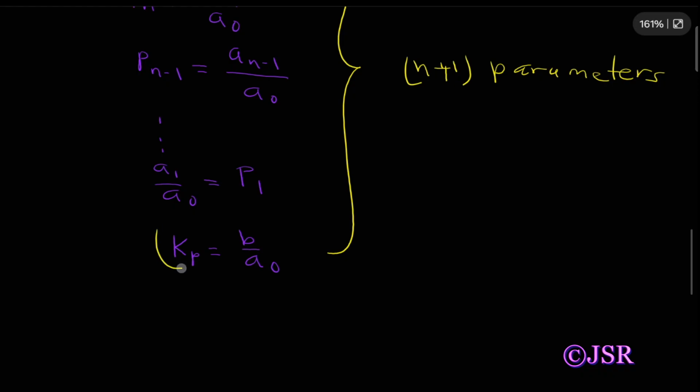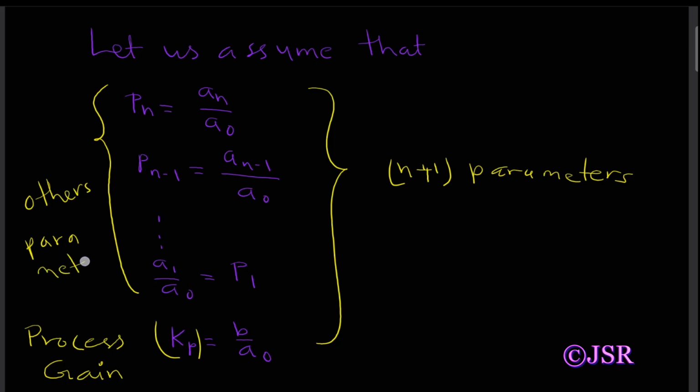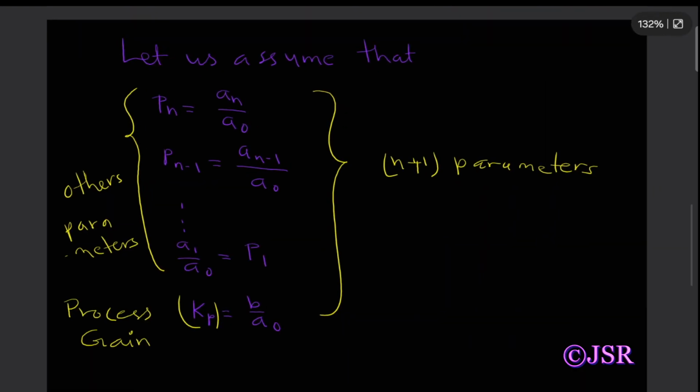So this Kp is process gain, and these are other parameters. So this is equation number 3.